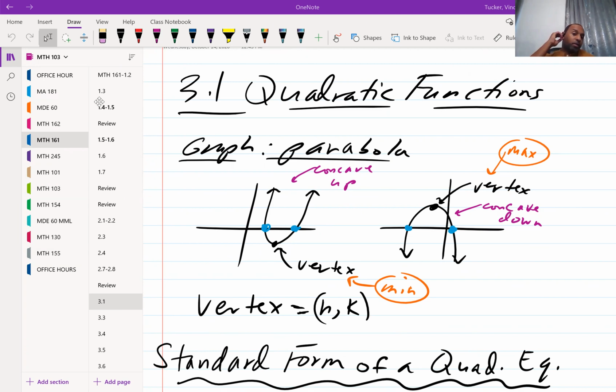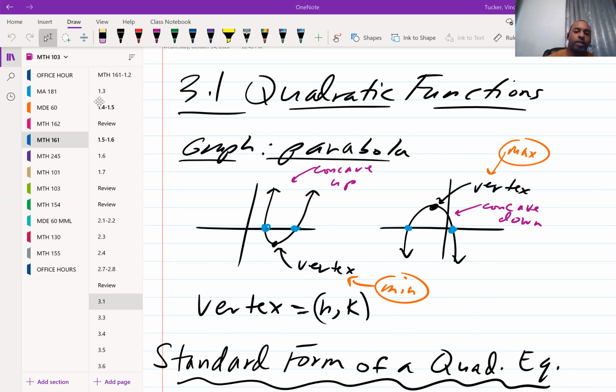All right. So today, like I said, we get into chapter 3, starting off with 3.1 quadratic functions. Quadratic functions will give us a parabola when we graph it, and pretty much that's just a U shape. It can be right side up or upside down.